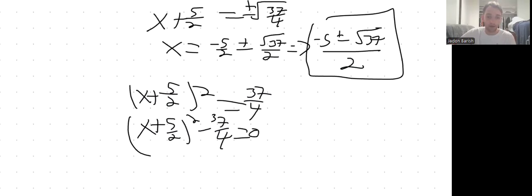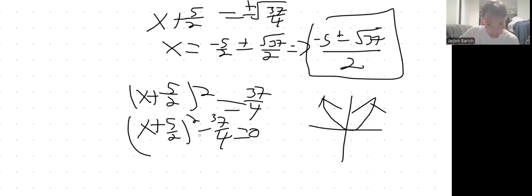it tells you something about the graph, this part of the graph, right? Obviously, it's not drawn to scale, and that's 0, 0, but for the sake of this, your vertex is, this is your x coordinate, so negative 5 halves.